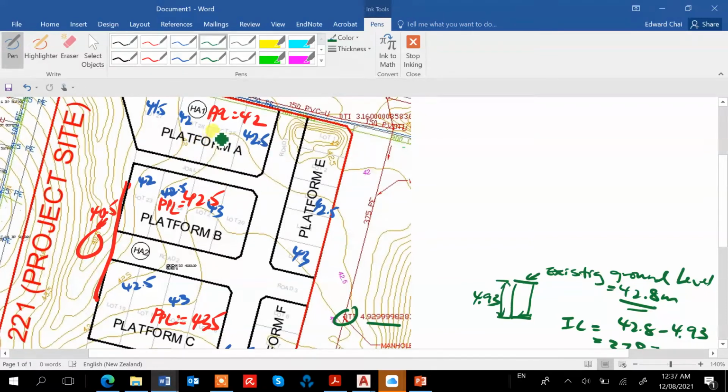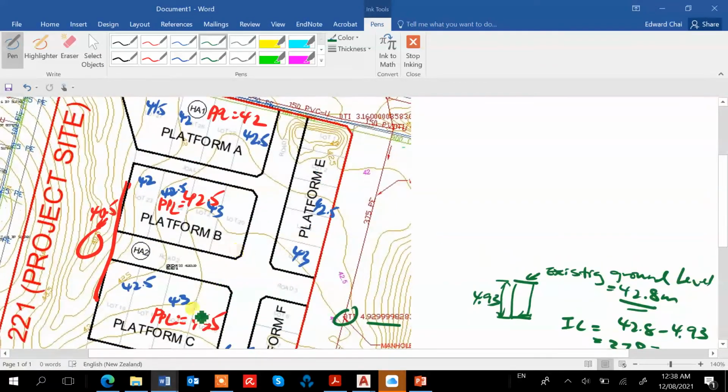For example, here it could be 38, and we need 40.9 for the sewer line, then we have a problem. In that case, the sewer line could discharge to another manhole which is deeper, or we need to top up the platform to at least 40.9, filling so that it can provide sufficient cover for the sewer line.